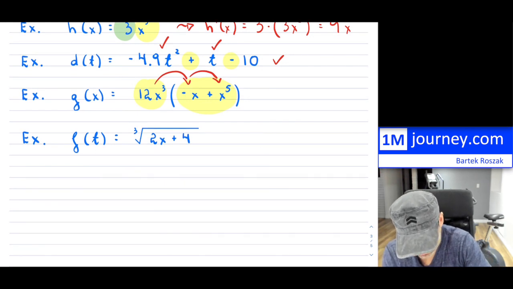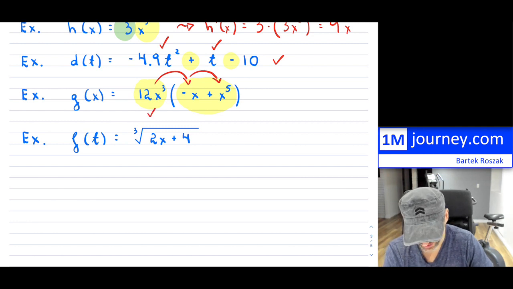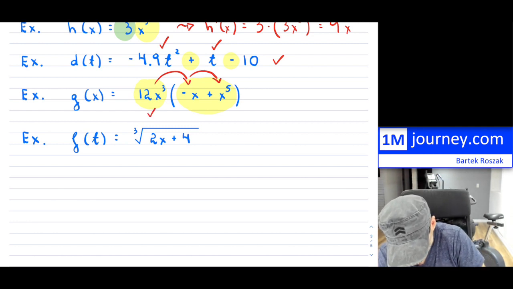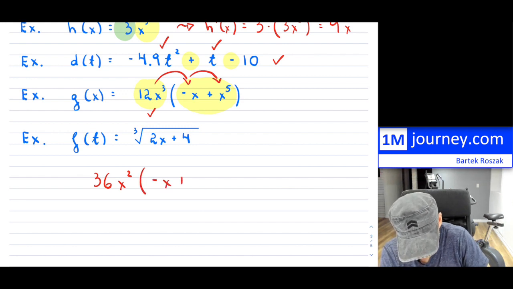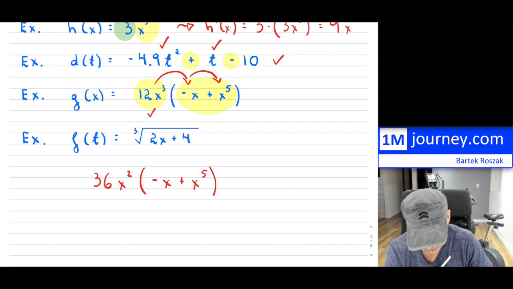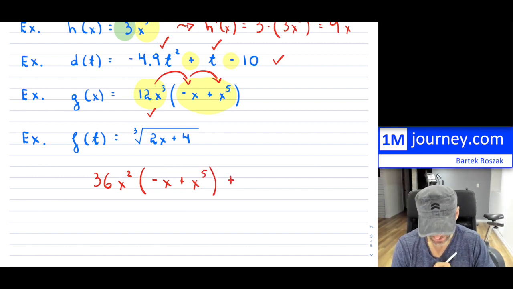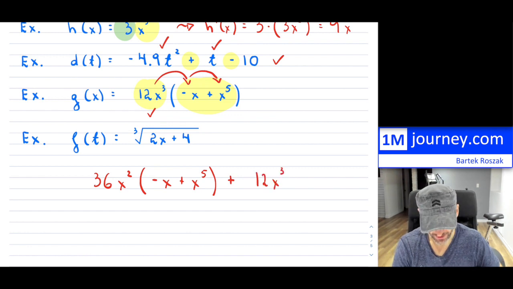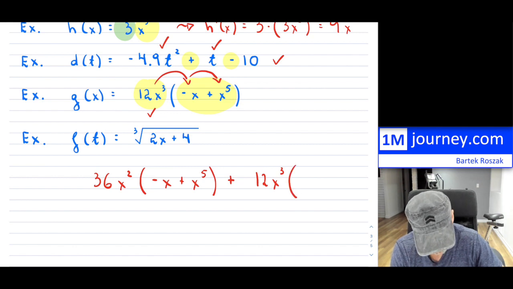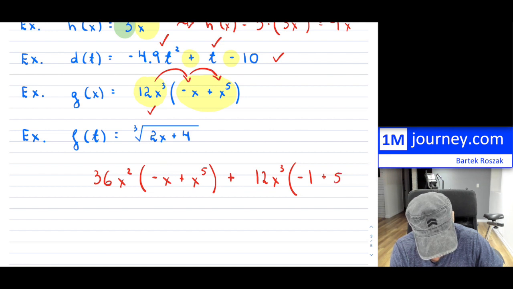The product rule says that you take the first function, and you take its derivative. That's going to be, in this case, 36x squared, because it's 12 times 3, x squared. That's the derivative of the first one, multiplied by just the second function on its own, without taking the derivative, plus the first function, 12x cubed, you do nothing to it, and now you take the derivative of the second one, which is going to be negative 1 plus 5x to the 4.